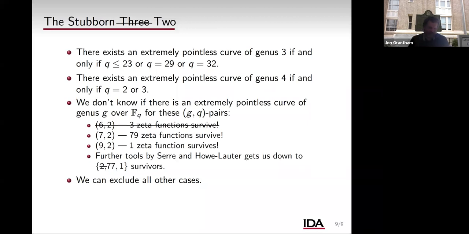But the point is that you can look at those, and for genus 6, you can search through them and you can eliminate all of the zeta functions. For genus 7, there's a similar technique, and it would handle, I can't remember, it's either 76 or 77 of the zeta functions.